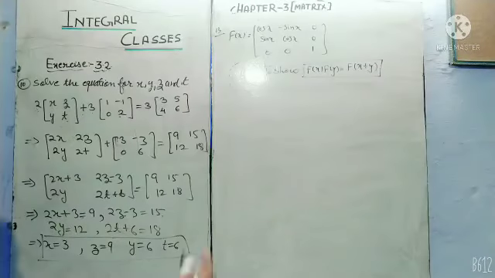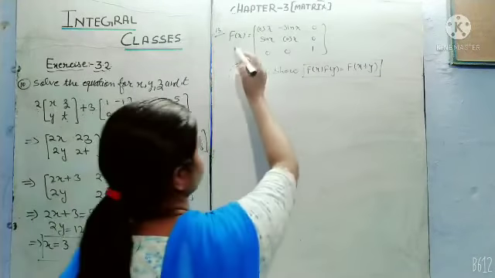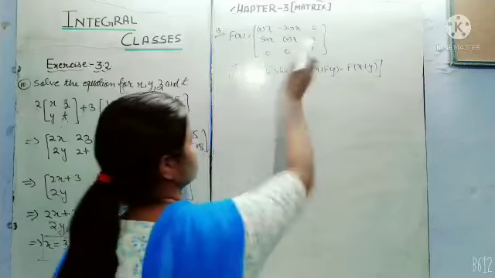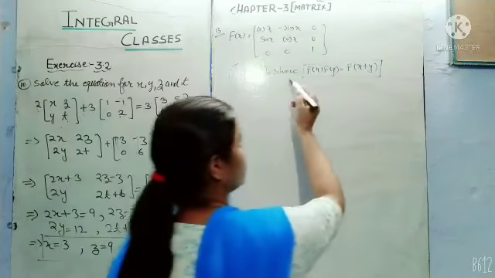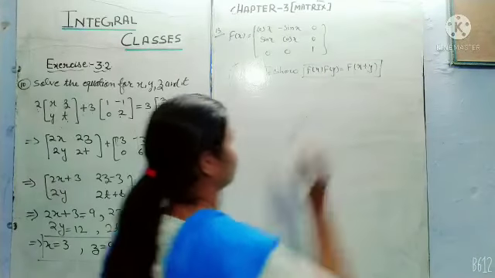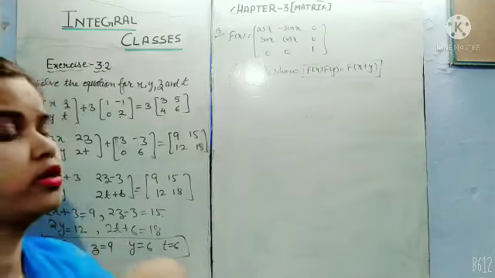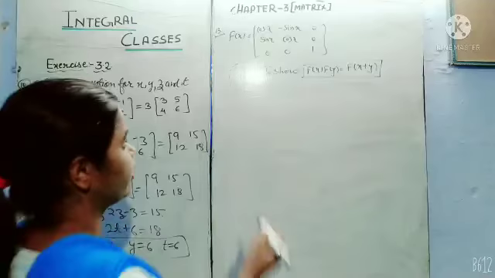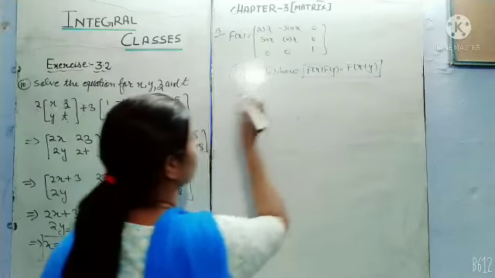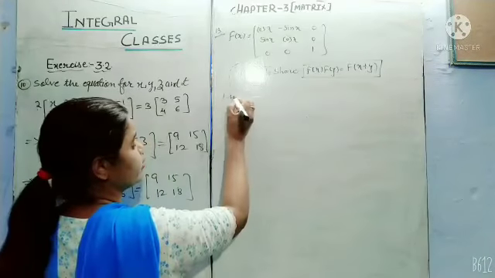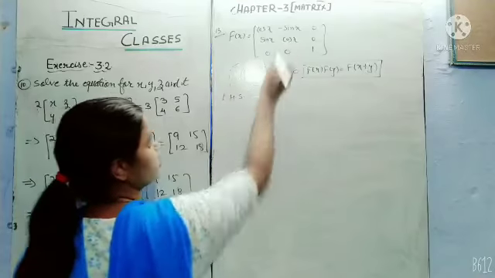Question number 13, we have given here student, f(x) is equal to this matrix, and we will show here f(x) f(y) equal to f(x plus y). How can we show this? So I will explain. First we will consider the left hand side. From the left hand side, f(x) equal to what?